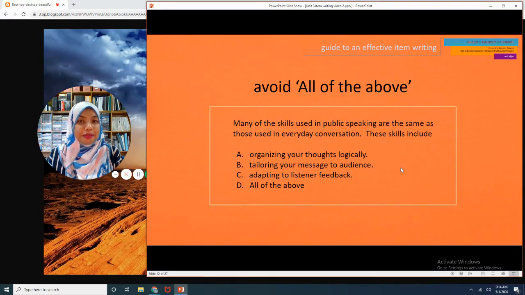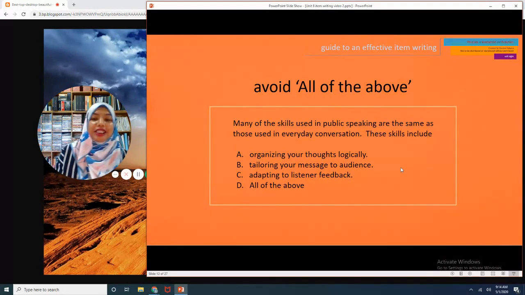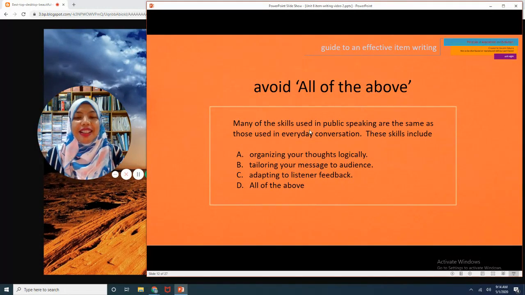partial knowledge. All right, so what exactly do I mean by partial knowledge? So let's look at this item. Your question. All right, so having a preamble is also not an effective way to start your stem, but we are going to get into this in more detail in our online lessons.